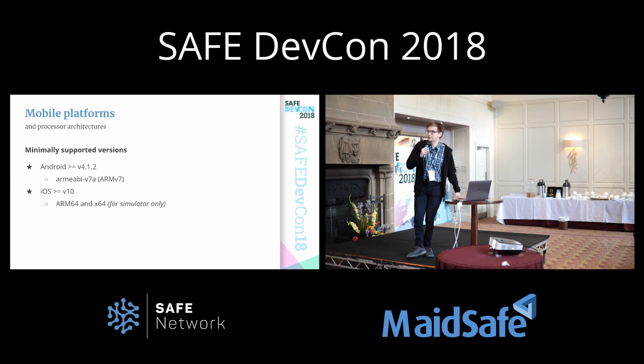For iOS, of course, the main one is ARM64, but also x64 for simulation. And the same thing applies to Android, we support ARMv7, which includes support for, I believe, higher versions and some lower versions. And we also support x86 for simulation too, and x64.